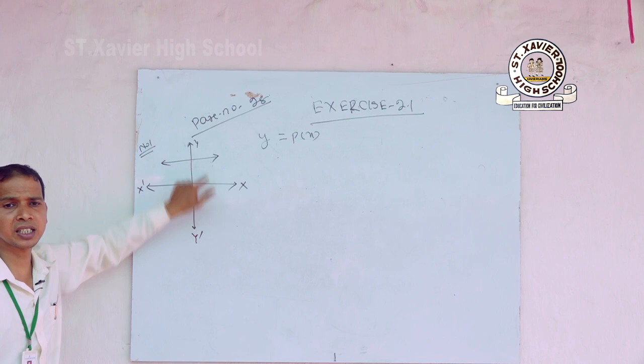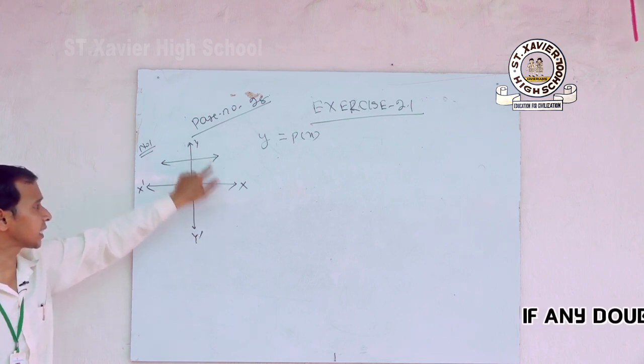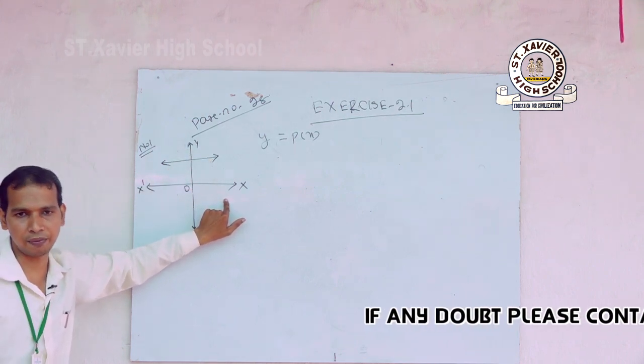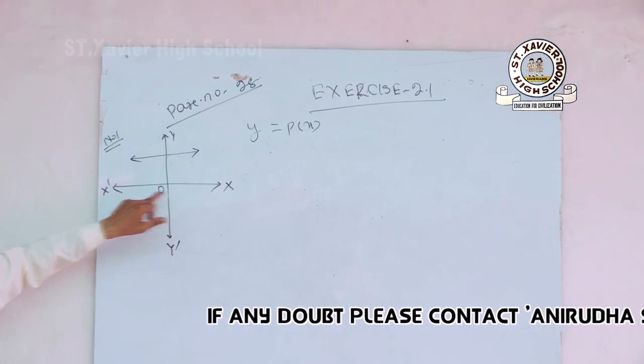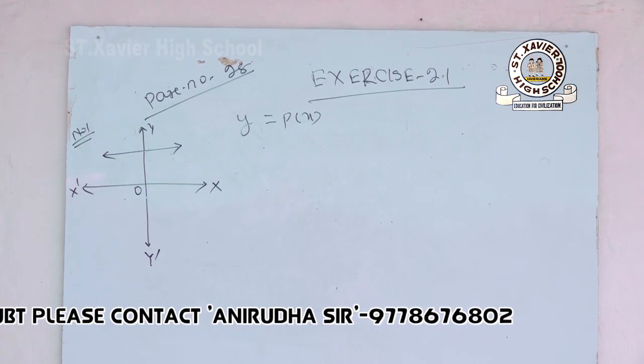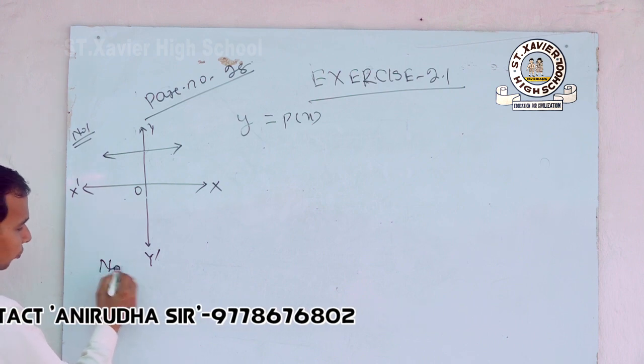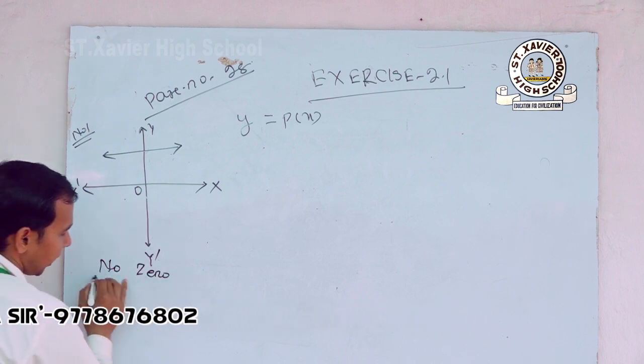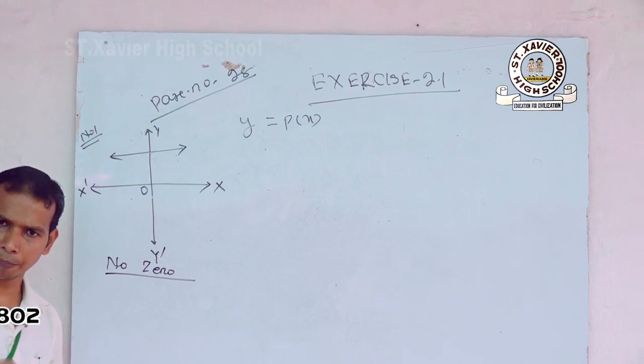There is no intersecting point of the x-axis and the graph line. So there is no zero. Confirm this.